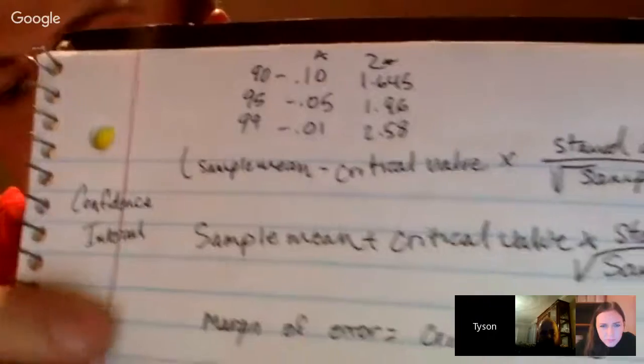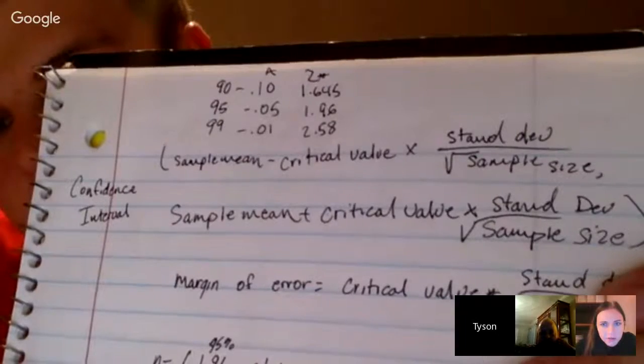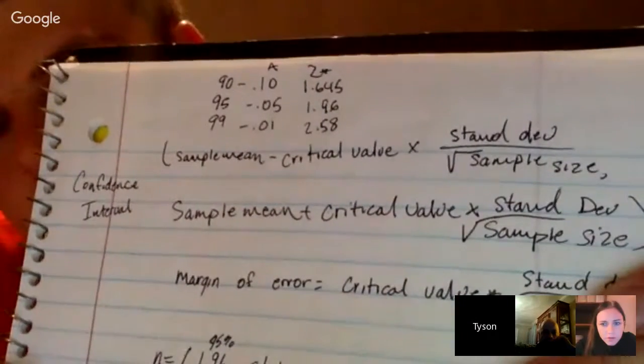If you guys want to look at my screen, you can see it. It might be sloppy, but it's the very top. Sample mean minus critical value. Here, I'll just read it to you slowly. It's the sample mean minus the critical value times the standard deviation divided by the square root of the sample size.